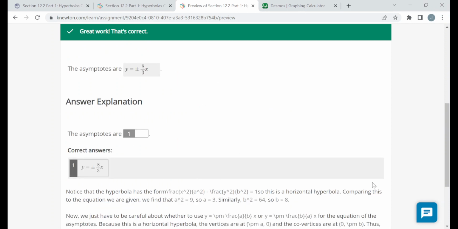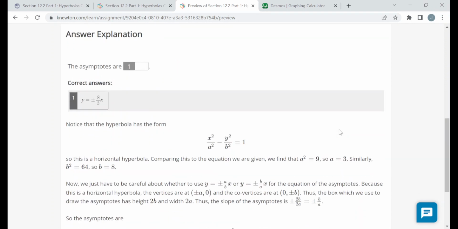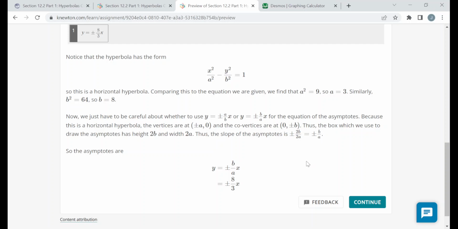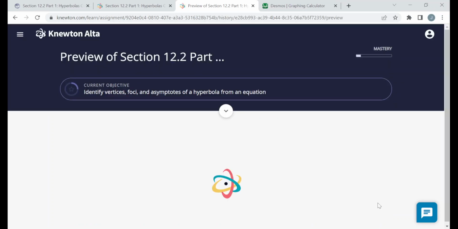Wonderful. Again, please read through the answer explanations. Now, I know that you don't have to make a drawing to get these things. If you understand after a while what's happening with a hyperbola, you can pretty easily figure out what they want.